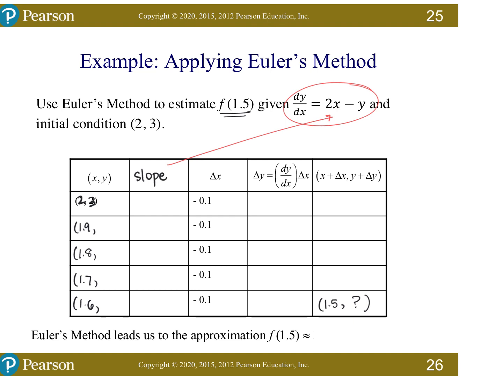All right, so at the initial condition, my slope is going to be 2x minus y. So that's 2 times 2 minus 3. So that's a slope value of 1. So I've got a slope value of 1, but I'm going backwards. Okay, I am working my way backwards.